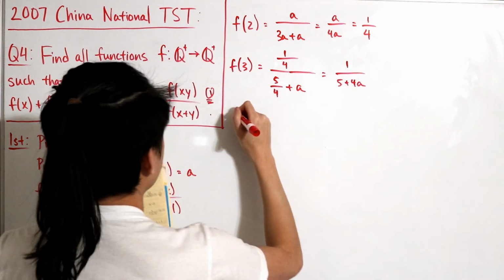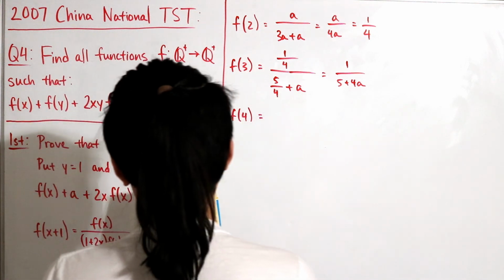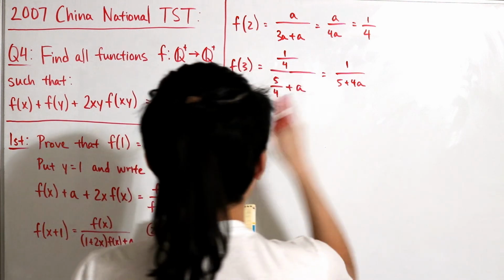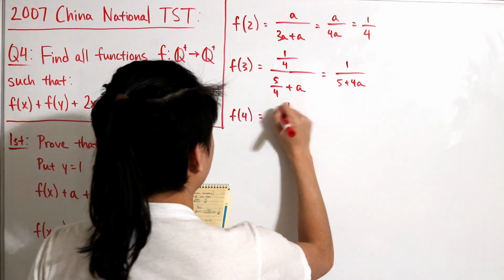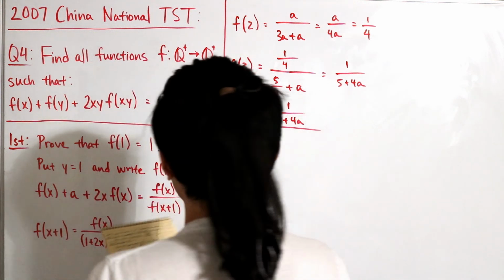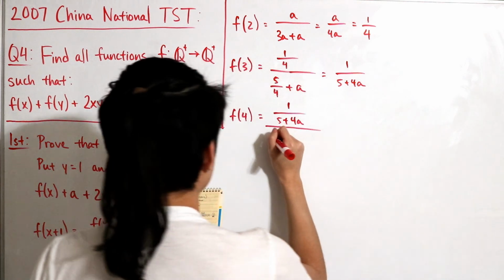Next, suppose we continue on, keep trying and see what we get. Suppose we want to find the value of f of 4. So now we would have f of 3, so x would equal 3. f of 3, we said that was 1 divided by 5 plus 4a. And then divide this by, so plug 3 in the bottom, so that will be 7.